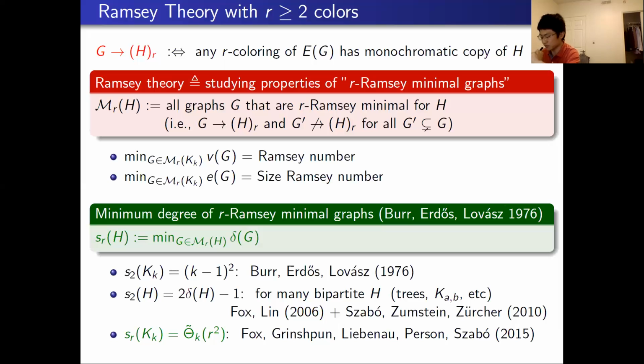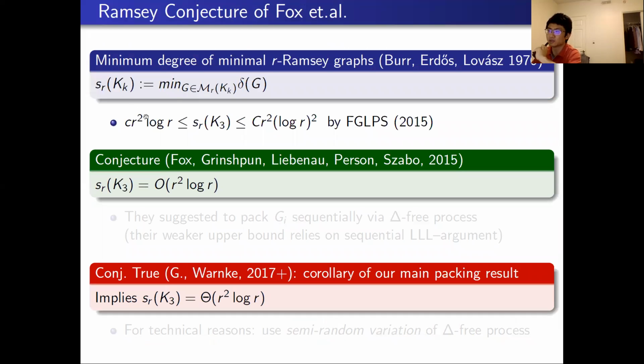For the special k equals 3 case, they also made some effort to optimize their result. For k equals 3, they found that s_r(K_3) is between r squared times log r and r squared times log r squared.